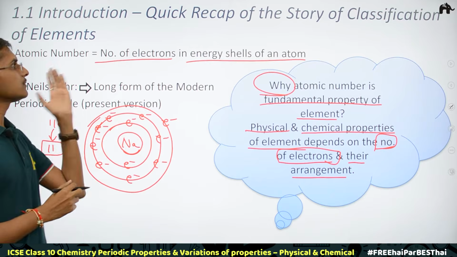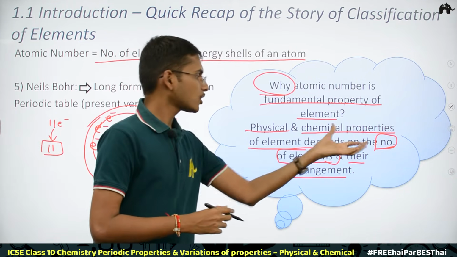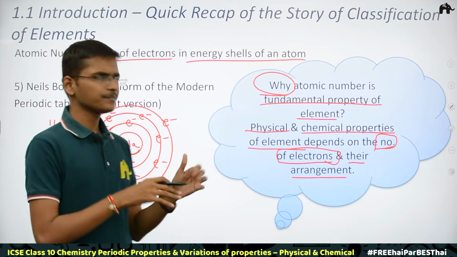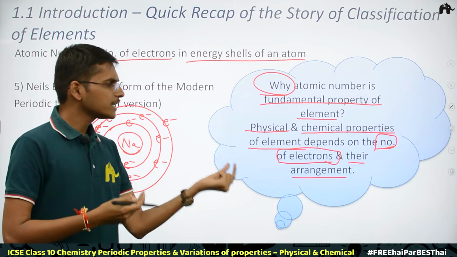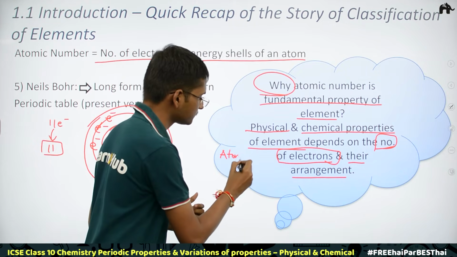What is actually atomic number? The number of electrons in the energy shells of an atom, and the physical and chemical properties of the elements depend on the number of electrons. So this means that the physical and chemical properties of the elements depend on the atomic number.